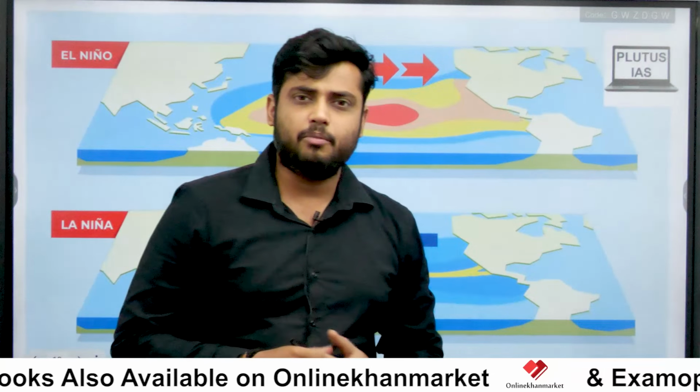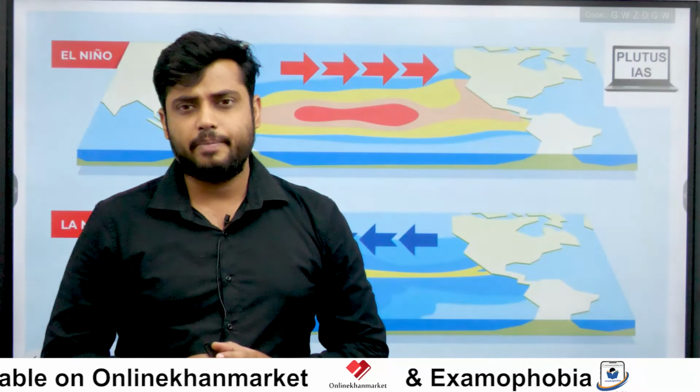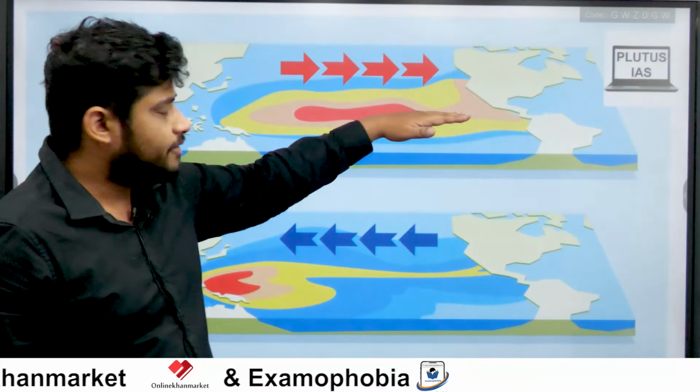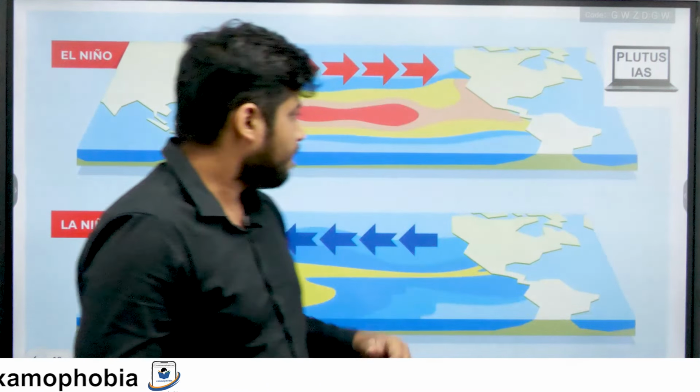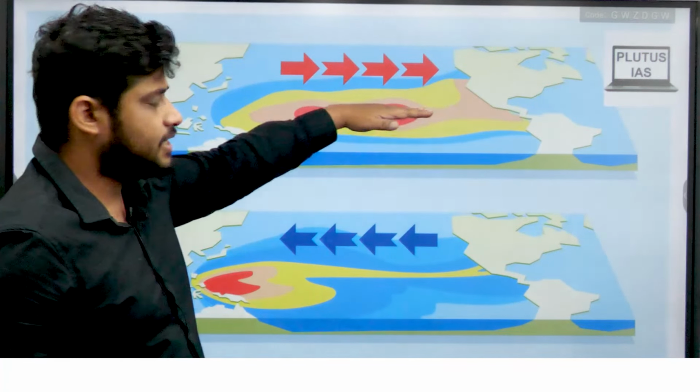When scientists are monitoring the sea surface temperature and the conditions in the central and eastern Pacific, they basically monitor the sea level in this part. If the sea level is rising, that is also an indication of El Nino. Always remember this: whenever the sea level is rising in this part, that is an indication of developing El Nino. And there are many other factors. We are also monitoring the sea surface temperature.